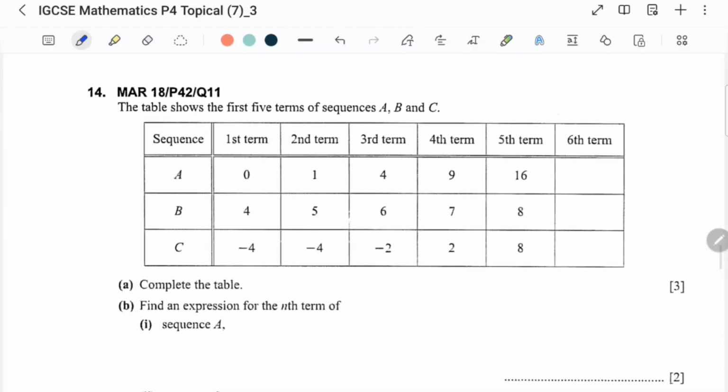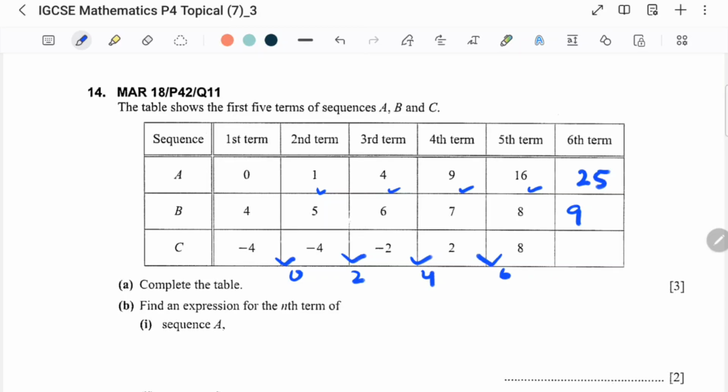Okay, every question. Question 14. It's a sequence: 0, 1, 4, 9, 16, which are square numbers. The second sequence, the differences: minus 4, 0 added, 2 added, 4, 6.